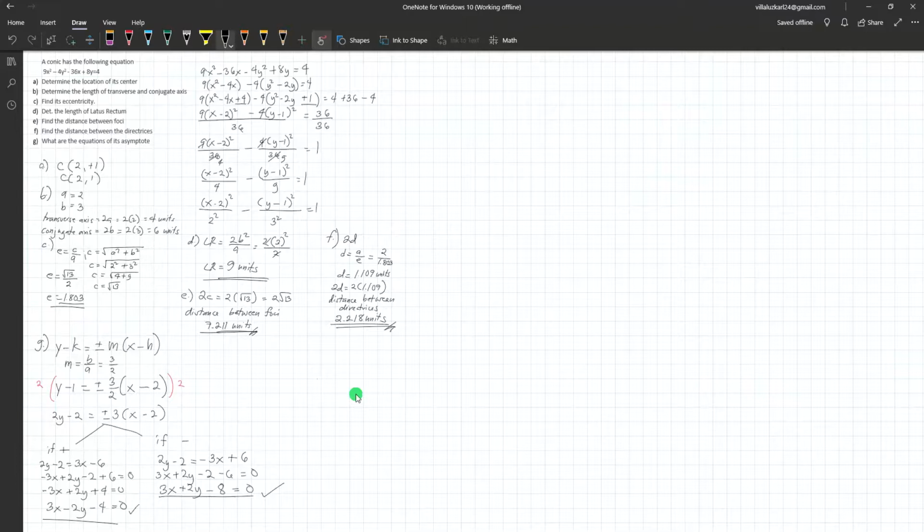Again, the graphical representation for this general equation of a hyperbola. Let me just show you.